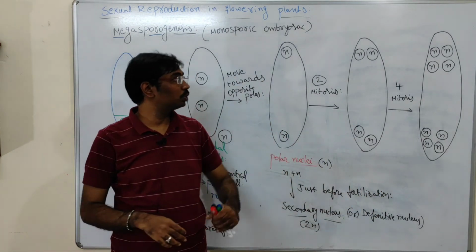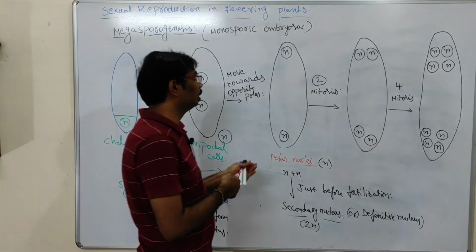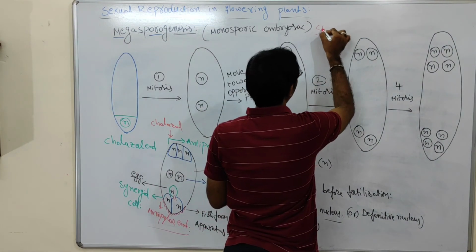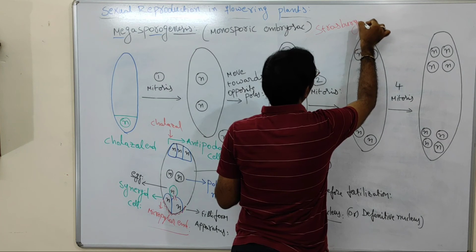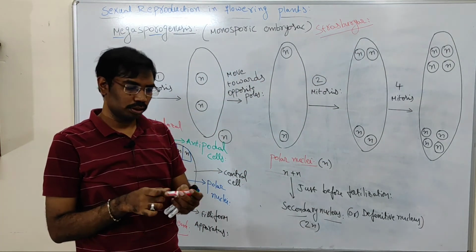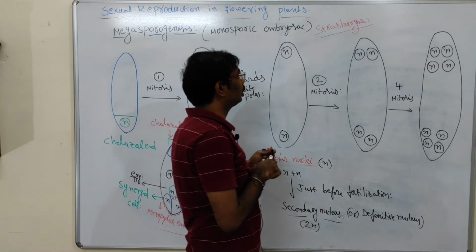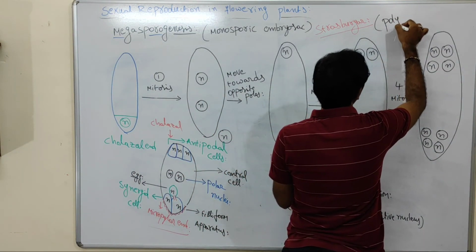This monosporic embryo sac development was first identified by Strasburger. In which plant is this kind of embryo development observed? In the Polygonum plant.